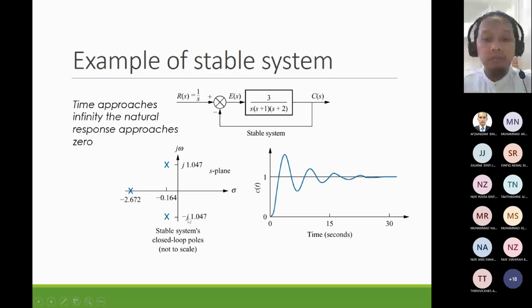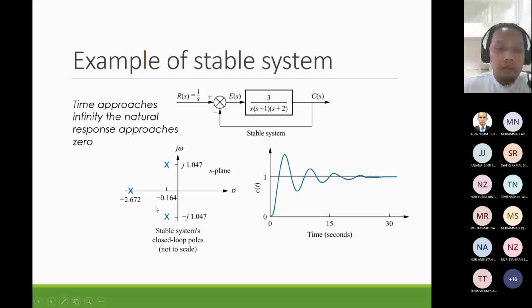Or you can simplify the block diagram first. After you simplify the block diagram, you can find the poles from it, and then you can plot them on the S-plane. The poles plotted here are the poles of the transfer function after you simplify this block diagram.